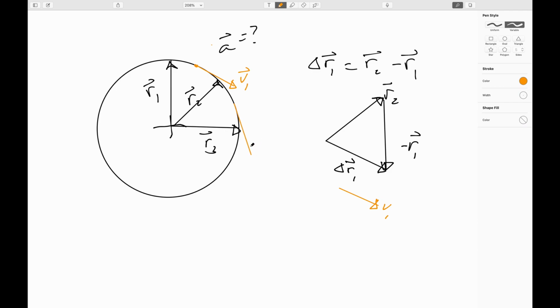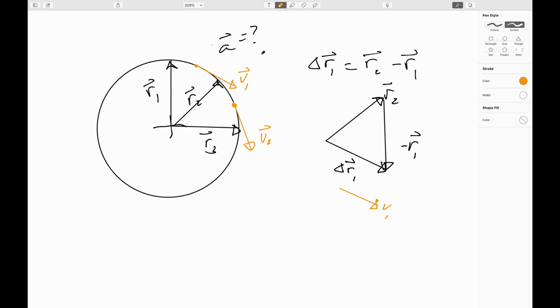Again, tangent to the curve, trying to keep it the same length. Third time's a charm, right? So there's my V2, also tangent to the curve.